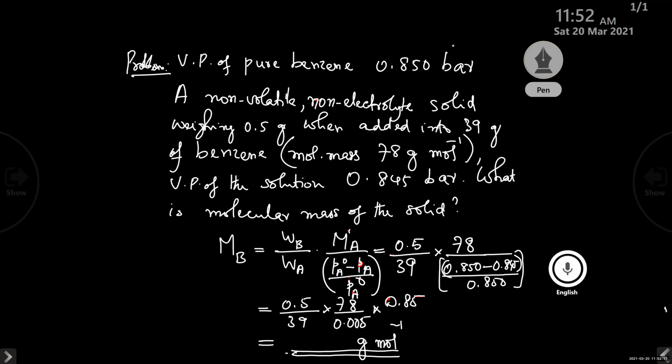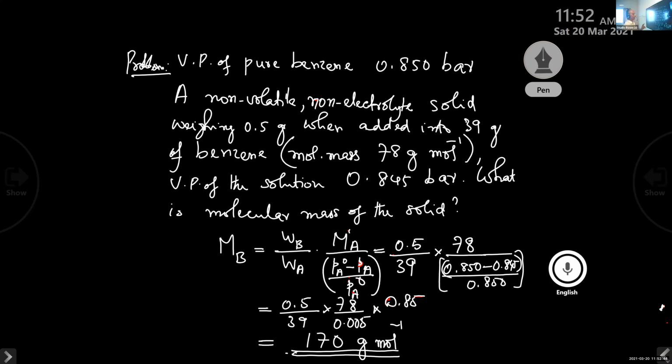What is it? 170 gram per mole, or 170 u. That is the molecular mass of the solute.